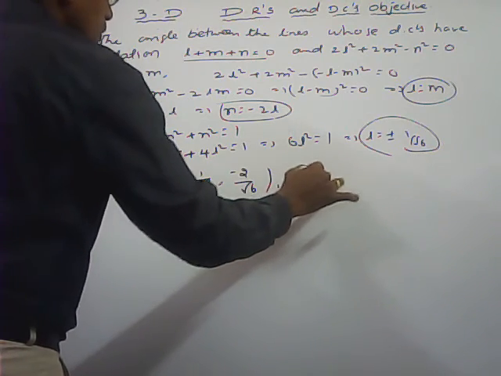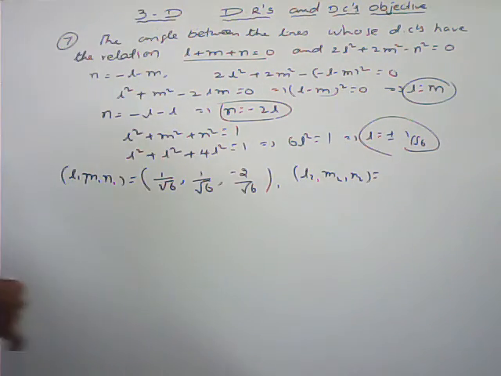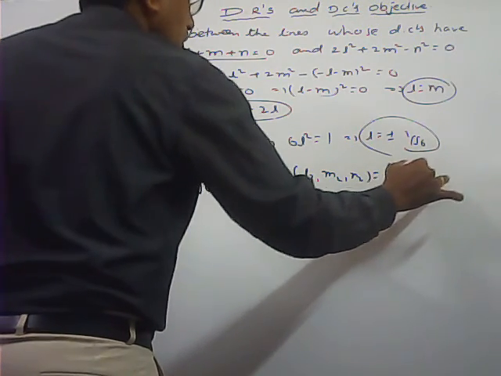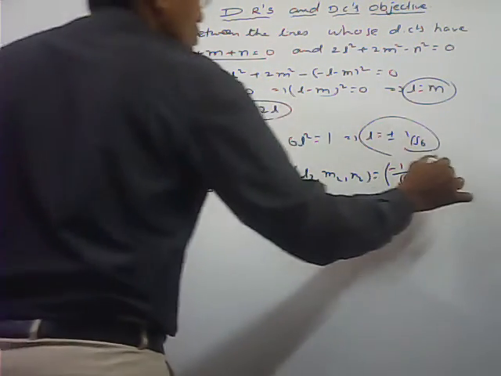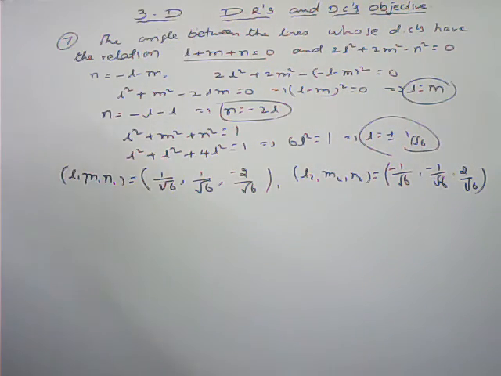And L2, M2, N2 is equal to, here I am taking the minus value: minus 1 by root 6, minus 1 by root 6, minus into minus, plus 2 by root 6. So these are the DCs of the first line, and those are the DCs of the second line.